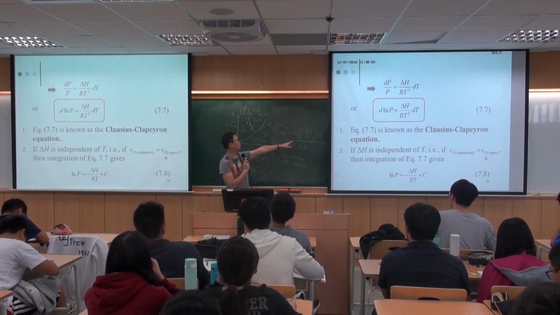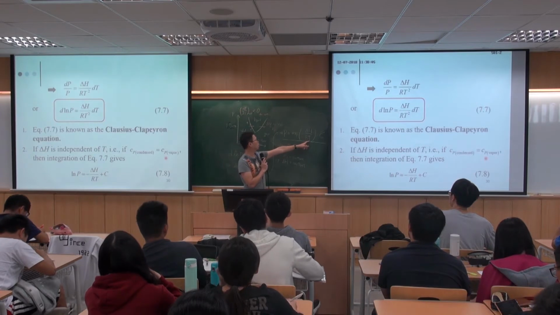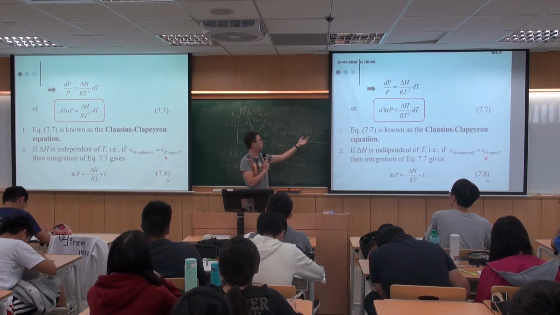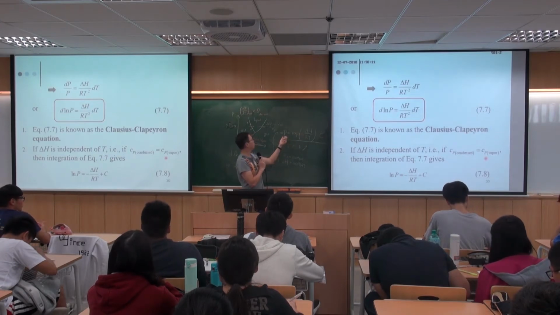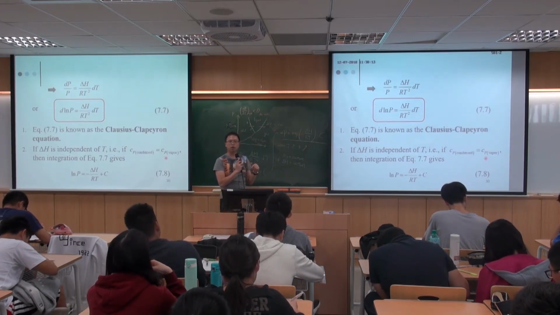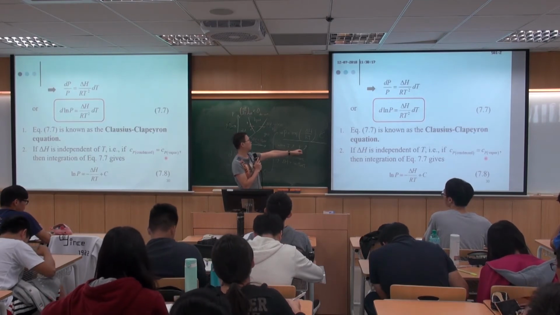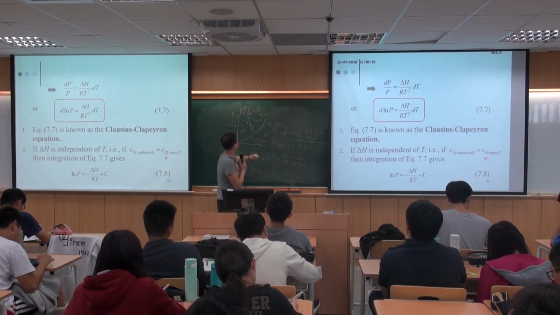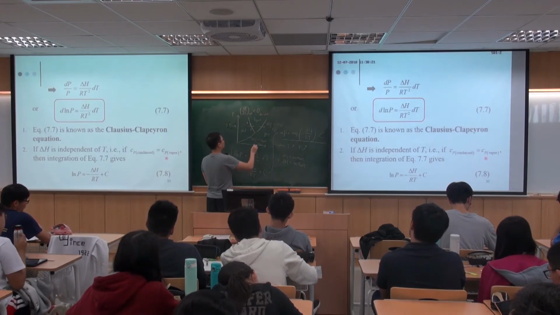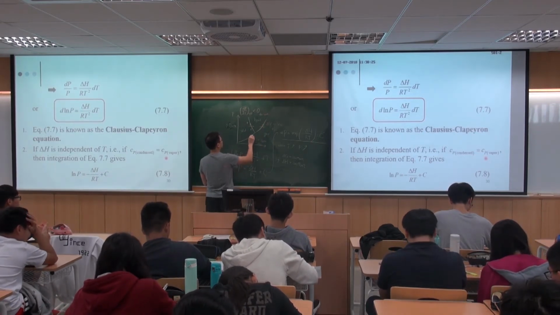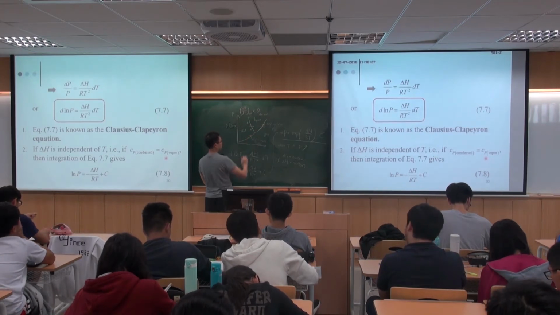If you plot this out, you'll realize that when you increase the temperature, this becomes a smaller and smaller number, and this has a negative sign, so pressure is actually going bigger and bigger. Okay? So when temperature is increasing, the pressure is increasing. And that is at least consistent with what we expect, that we should have this kind of positive trend.